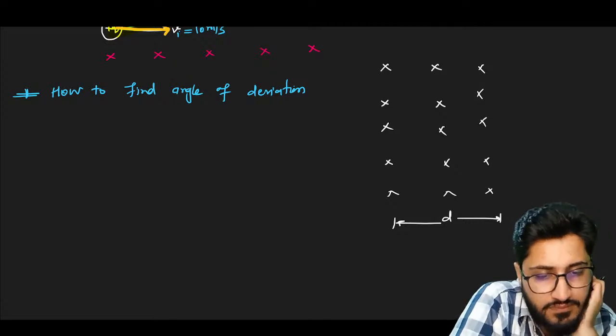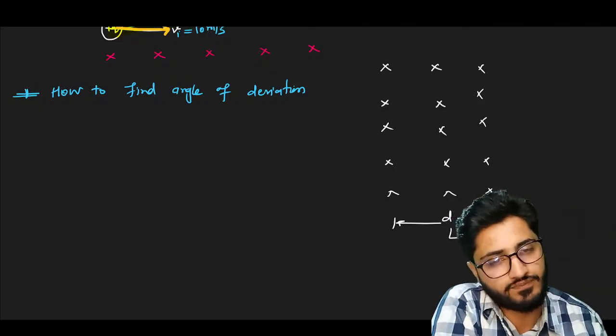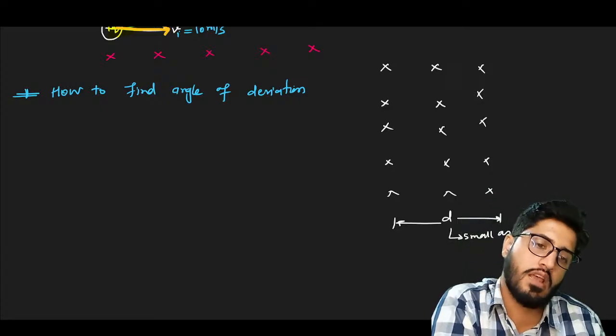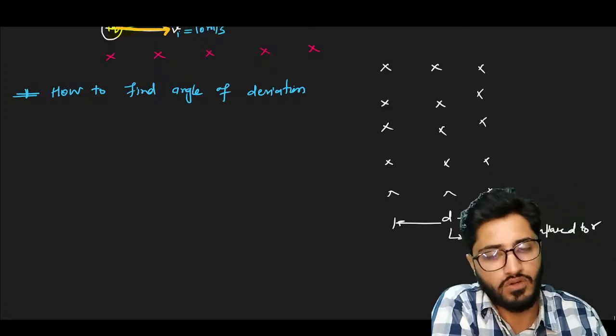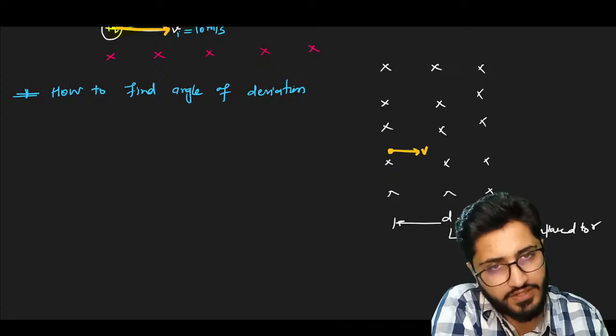Clear now? And d is small as compared to r. Now, look. We projected my particle with this velocity. So we know that a force will be in this way, and the center of the circular path will lie on this axis.